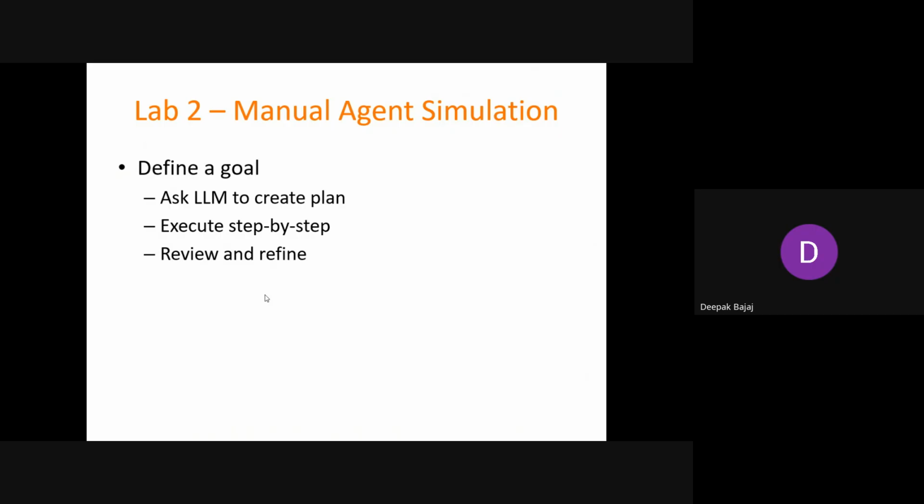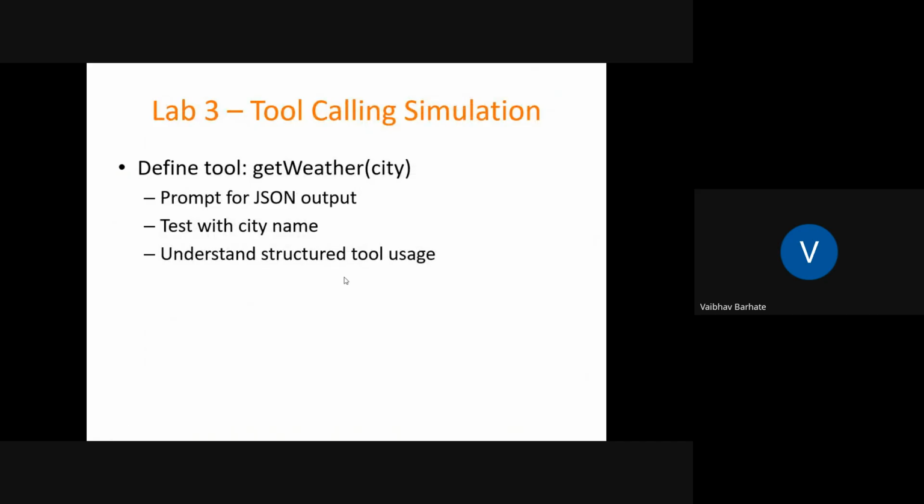First we say plan, then it plans the things, and then we say, now execute this step. Based on the output, we go ahead with the next step, and so on. Then review and redefine.